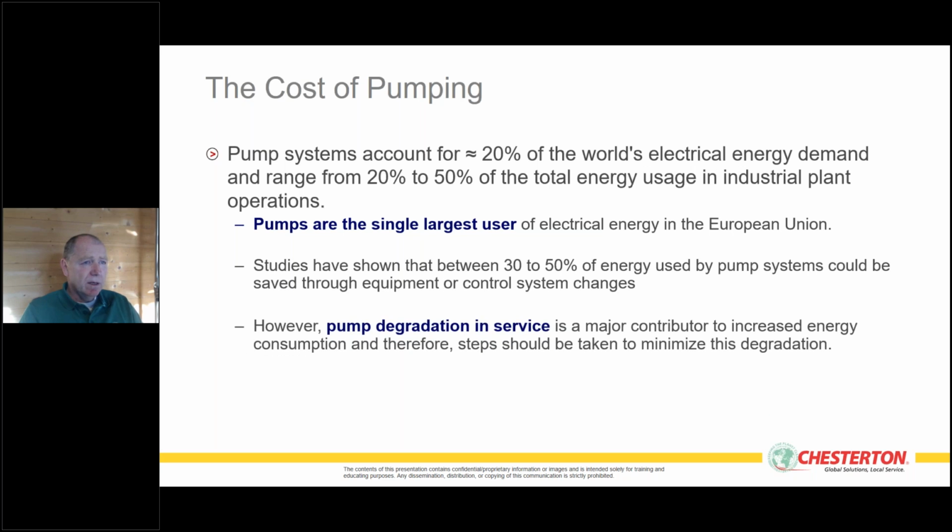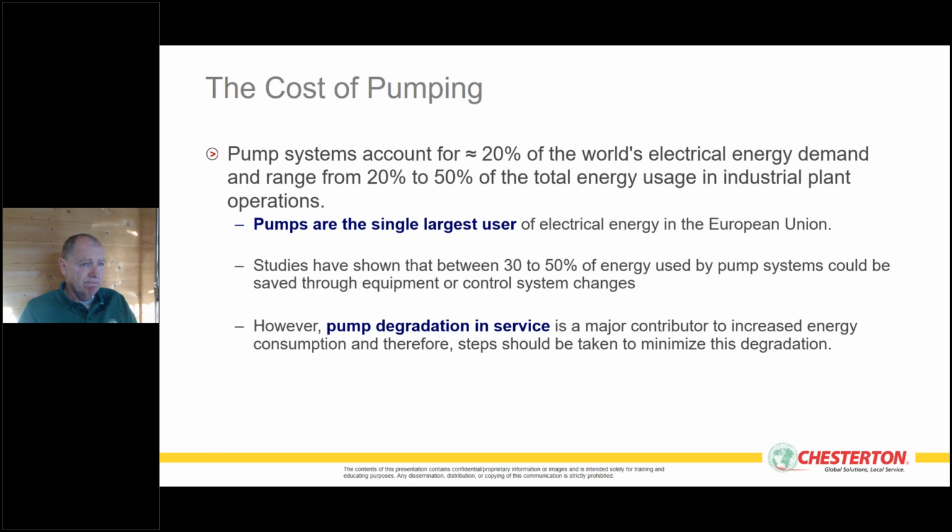And there have also been a lot of studies related to this going back many years. This is not something new, but a lot of studies have shown that a lot of that energy can be saved, in some cases up to 50%, just through better equipment design and control system changes. But one of the areas that we can influence with the industrial coatings from ARC is to address the degradation in service of pumps that causes increased energy consumption.